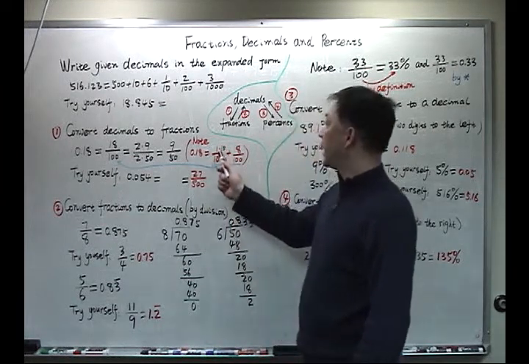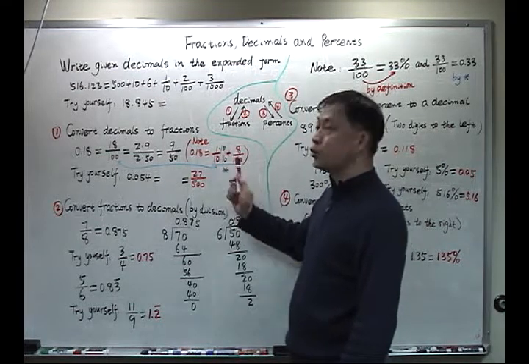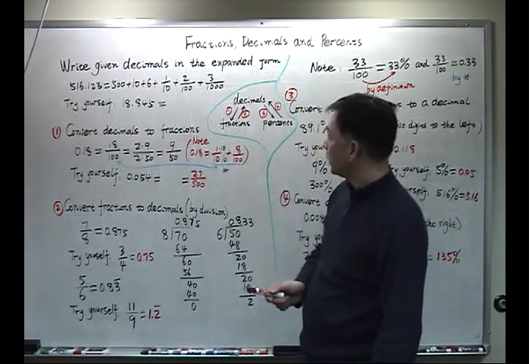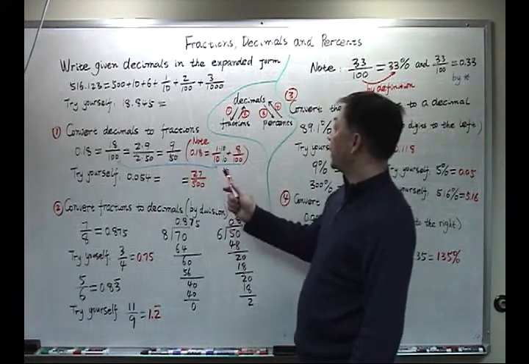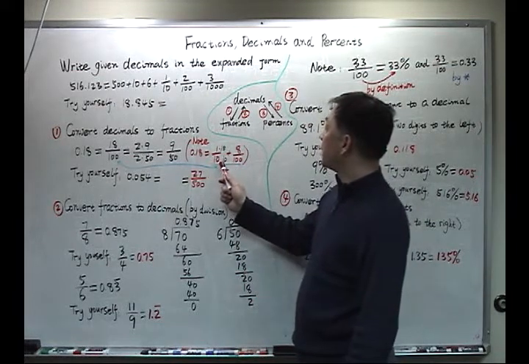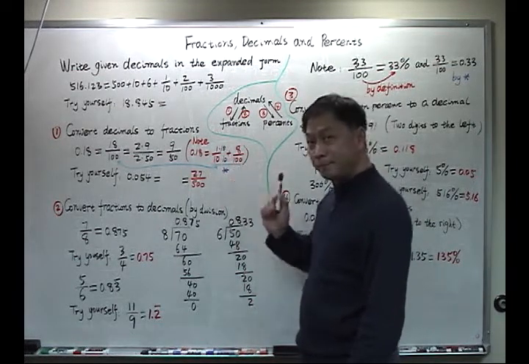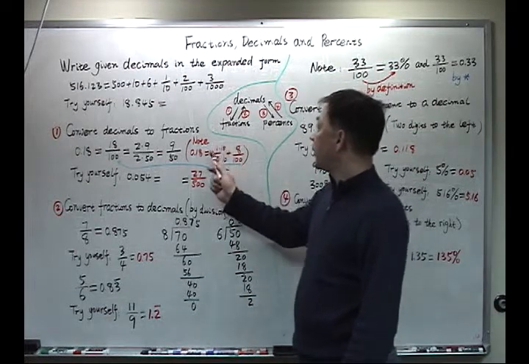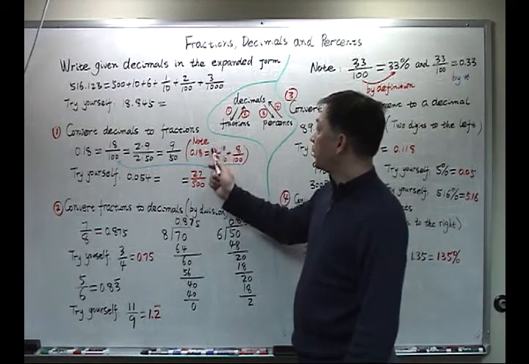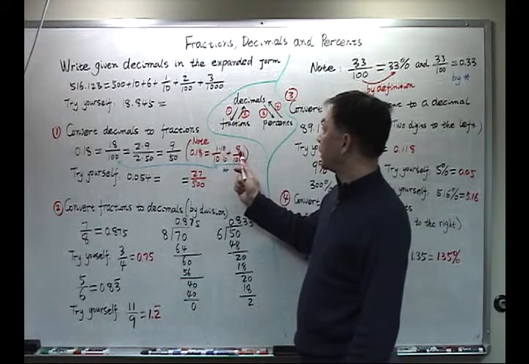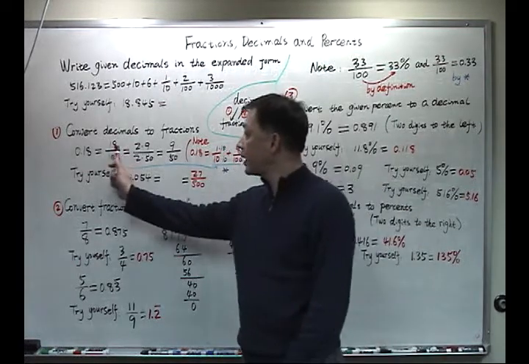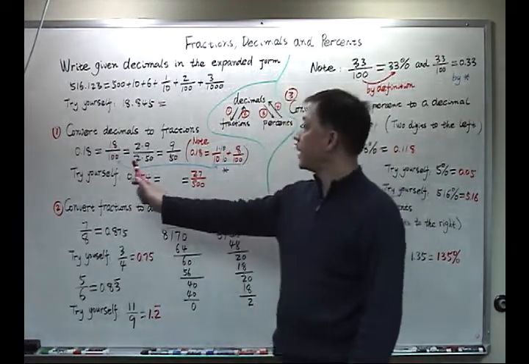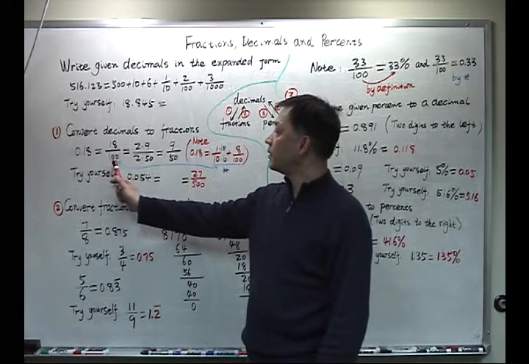So both numerator and denominator times 10, and then the denominator will be 100, the same as the one right here. And here the numerator instead of 1 is going to be 10. So 10 plus 8 is 18. So 18 right here. Denominator is just 100.